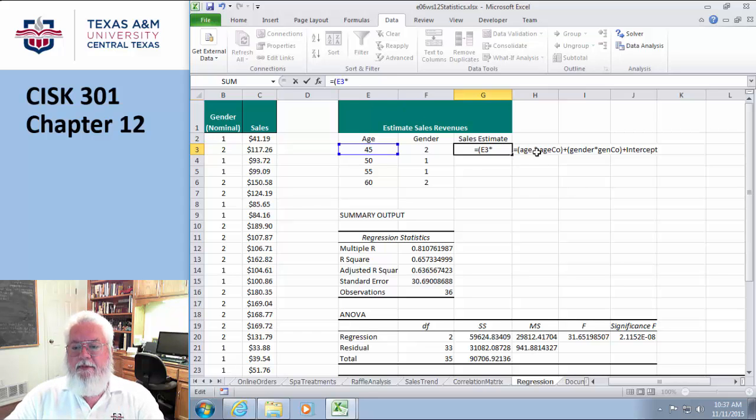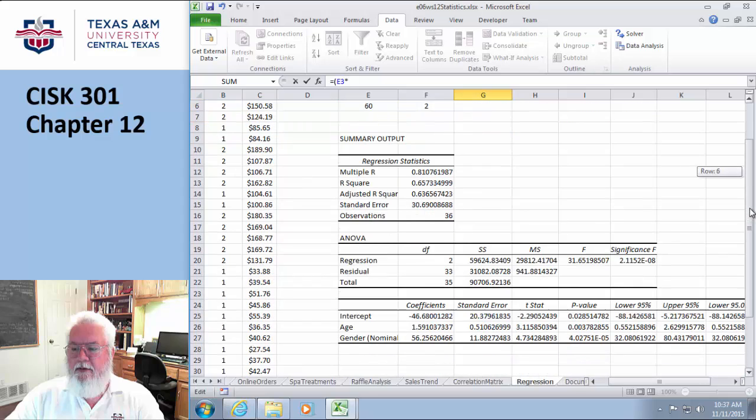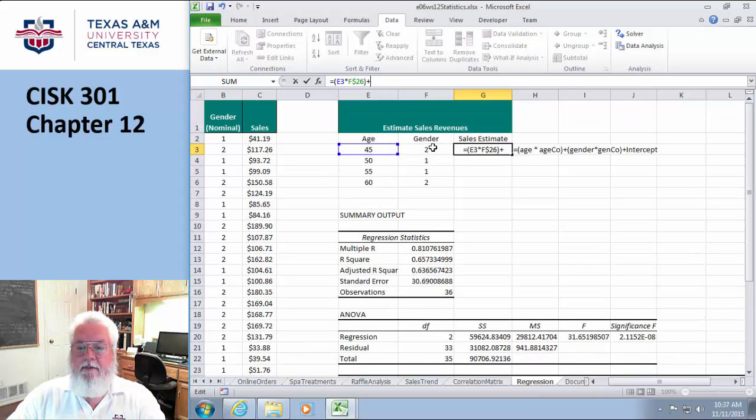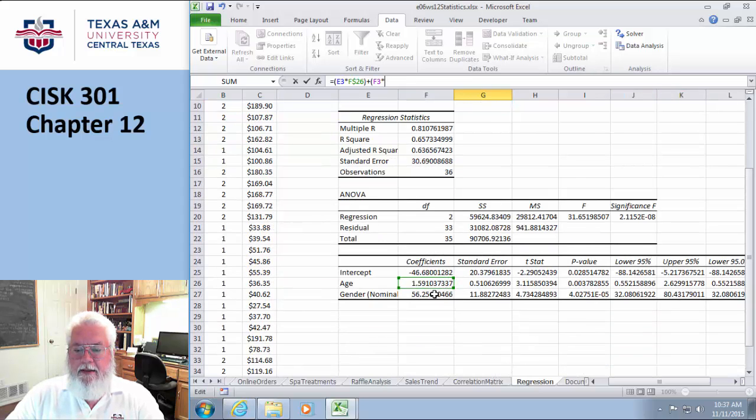Okay, so now I want the age coefficient. Well, the age coefficient is that guy. Now I'm going to go ahead and anchor the number part. That'll come in handy in a minute. Okay, plus the gender times the gender coefficient. And the gender coefficient is that guy.